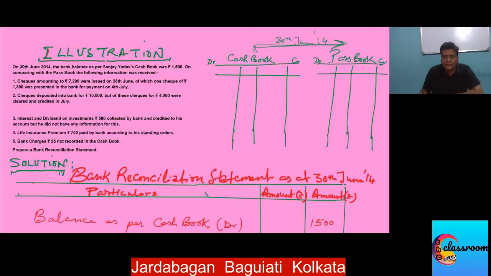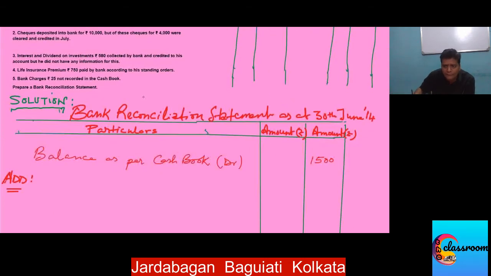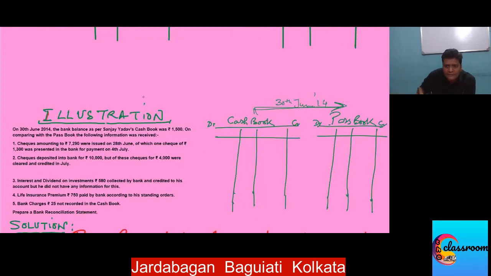The cash book is showing a balance of 1500 in the books. So we write over here balance as per cash book 1500. I have already written over here. And let us take an arbitrary figure over here, see, 10,000, to show that cash book is having a debit balance, and a similar 10,000 over here to show that passbook is showing a credit balance.